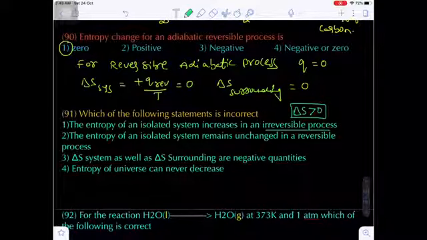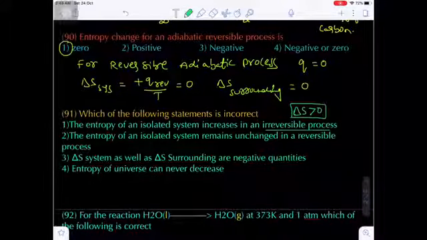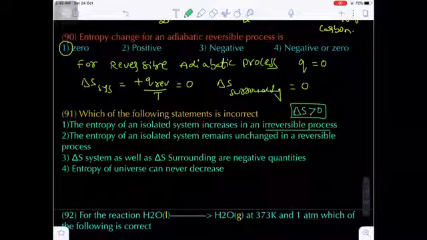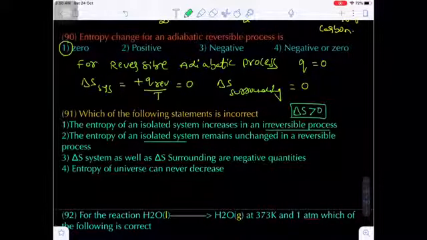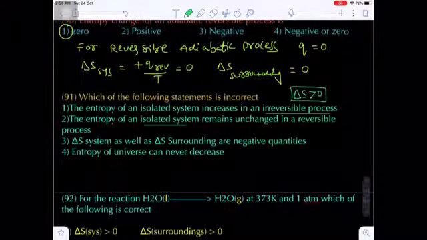Second statement, the entropy of an isolated system remains unchanged in a reversible process. In a reversible process, delta S system equals minus Q by T, and delta S surrounding plus Q by T. So the isolated system entropy is unchanged, because no heat and no matter is exchanged between system and surrounding. The second statement is also true.